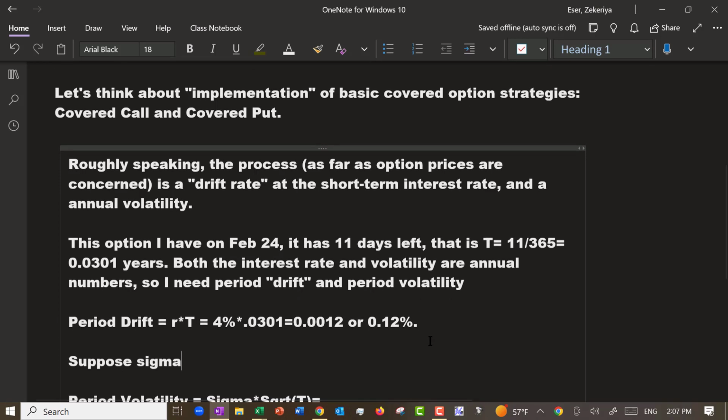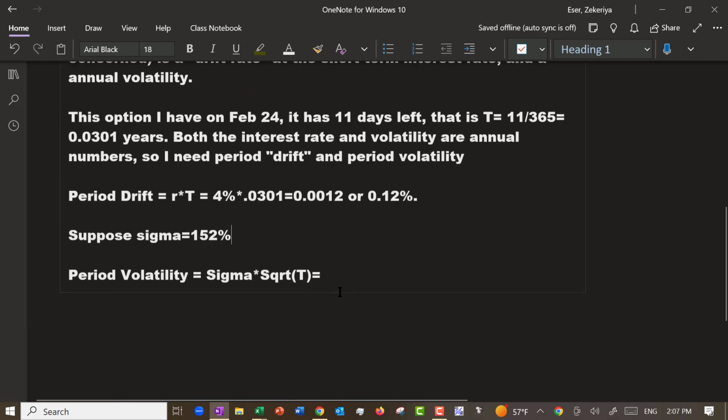Suppose sigma is, which is very high. That's why I like this strategy. 1.52 times square root of T.